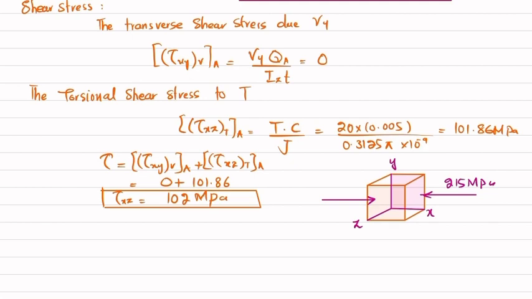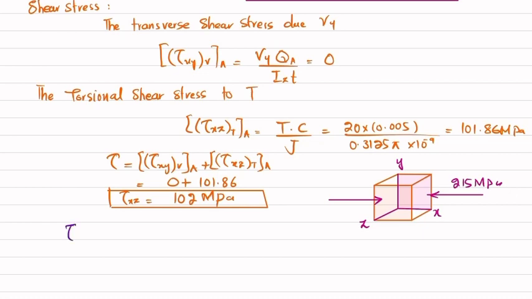Now tau of xz. So xz is this one. So you can see that we are going to plot tau of xz. So in tau of xz, x is the plane and z is the direction. So x plane is actually yz.